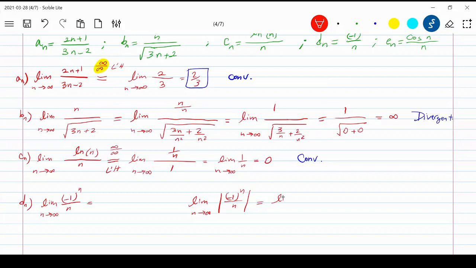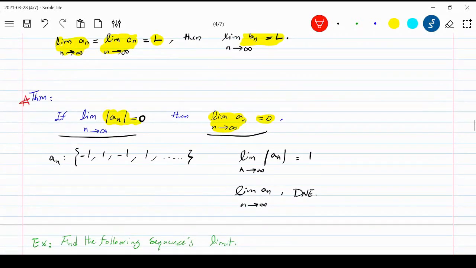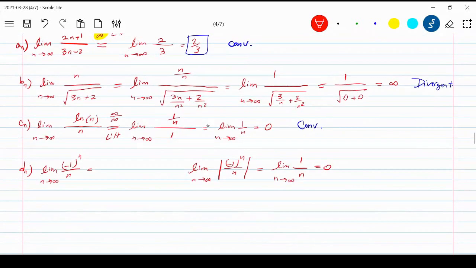The absolute value takes care of the negative sign, so you'd have simply the limit of 1 over n, and as n approaches infinity, this is simply 0. Now by the theorem, if the absolute value has limit 0, then the limit of the sequence itself would be 0. So I can say this limit is also 0, and I have a convergent sequence.